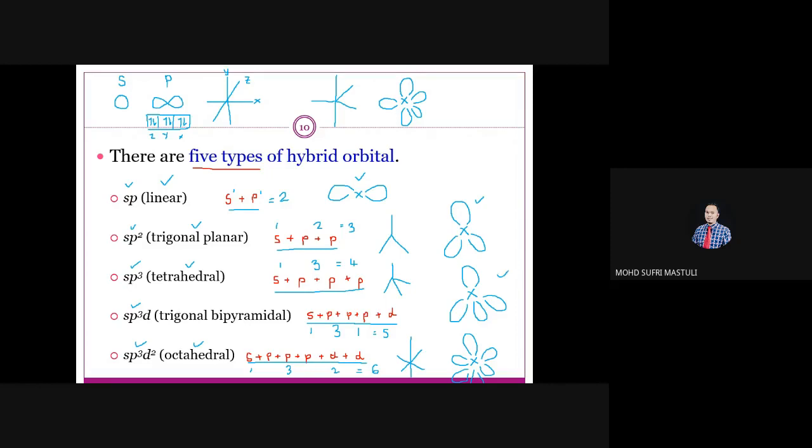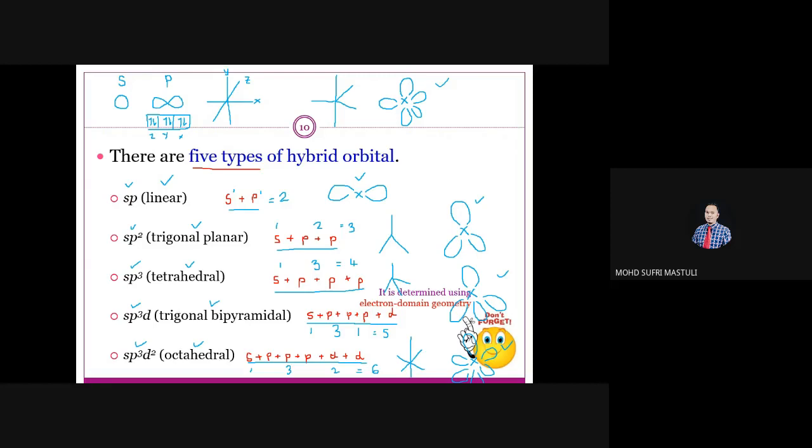If the electron domain is 5, it is trigonal bipyramidal, so the geometry is like this. Last but not least, if the electron domain is 6, the geometry is octahedral, like this. Okay, I hope you can understand this one.